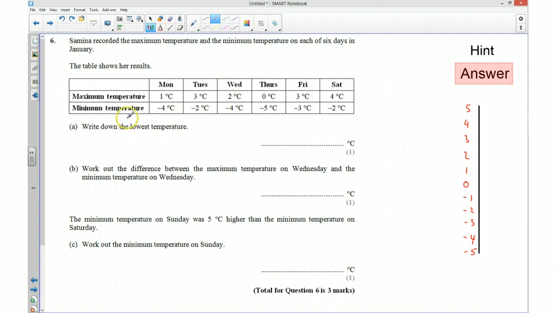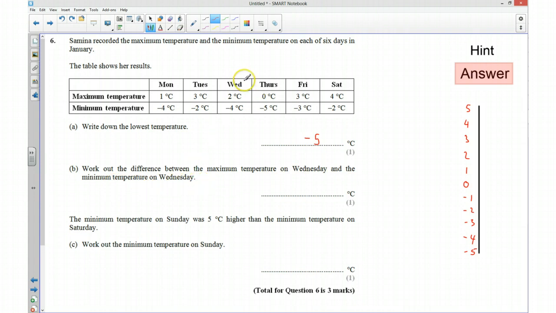Okay, right, so on here we want to write down the lowest temperature, but the lowest temperature is obviously going to be at the bottom end of this number line, and I think the lowest temperature here is going to be -5 degrees. Okay, part B says work out the difference between the maximum temperature on Wednesday and the minimum temperature on Wednesday.